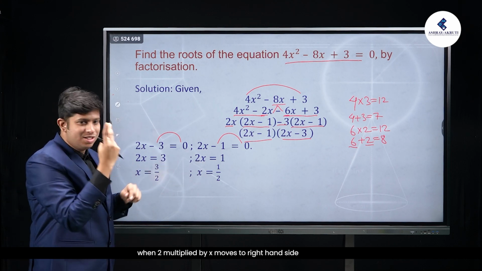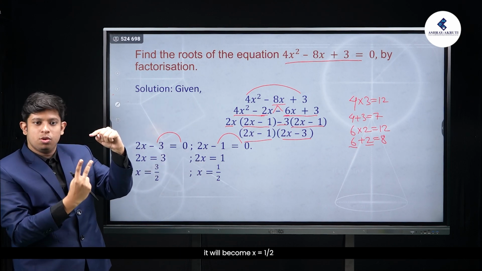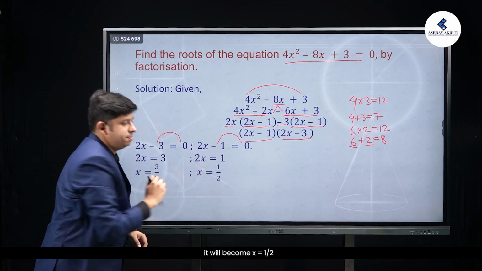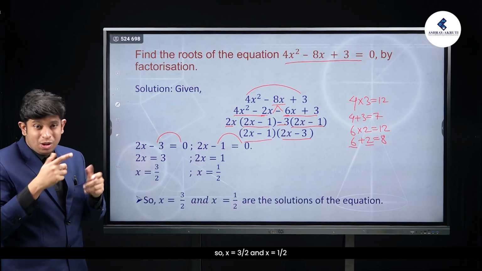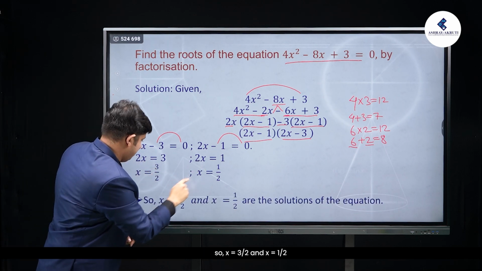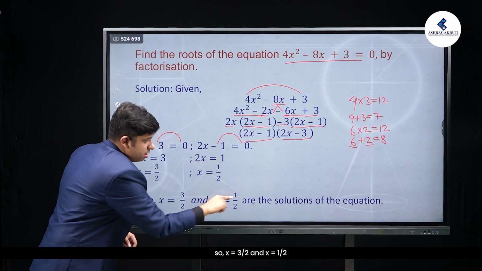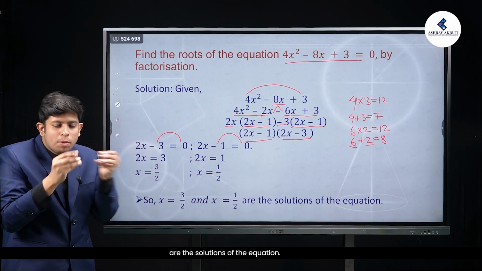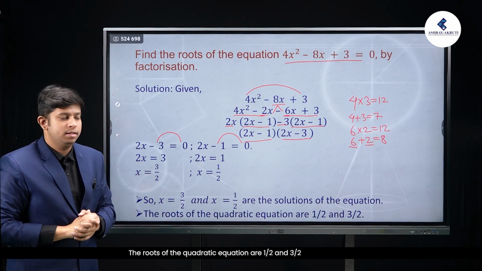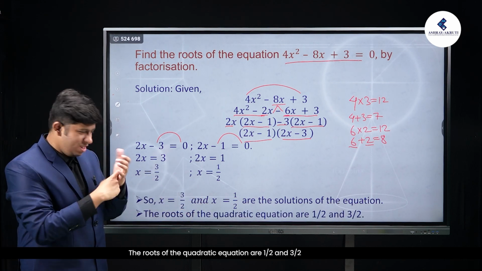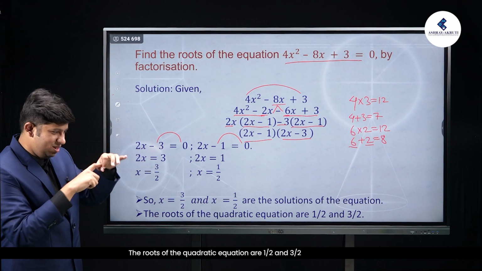When 2 multiplied by x moves to right hand side, it will become x equal to 1 by 2. So, x equal to 3 by 2 and x equal to 1 by 2 are the solutions of the equation. The roots of the quadratic equation are 1 by 2 and 3 by 2.